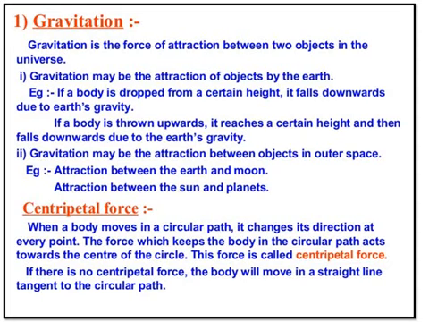The force which keeps the body in the circular path acts towards the center of the circle. This force is called centripetal force. If there is no centripetal force, the body will move in a straight line tangent to the circular path.